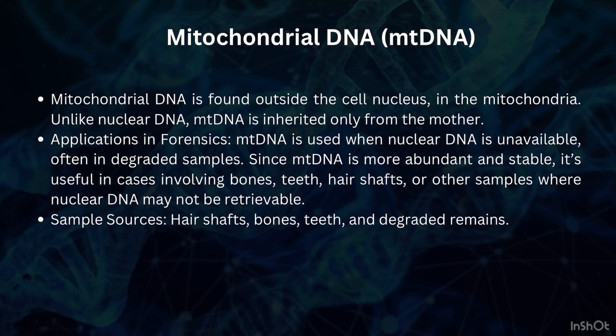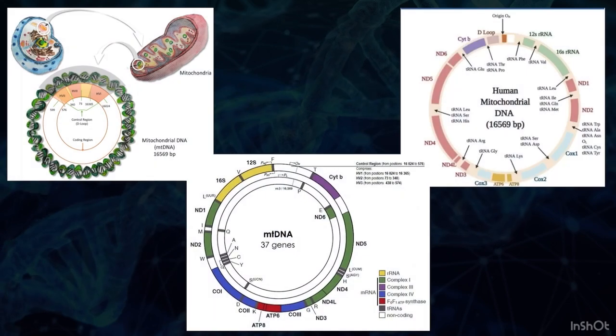Since mitochondrial DNA is more abundant and stable, it's useful in cases involving bones, teeth, hair shaft, or other samples where nuclear DNA may not be retrievable. Sample sources: hair shaft, bones, teeth, and degraded remains.